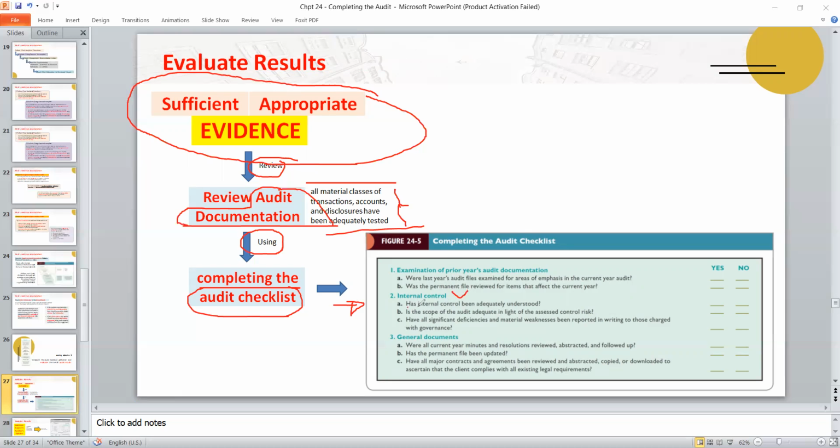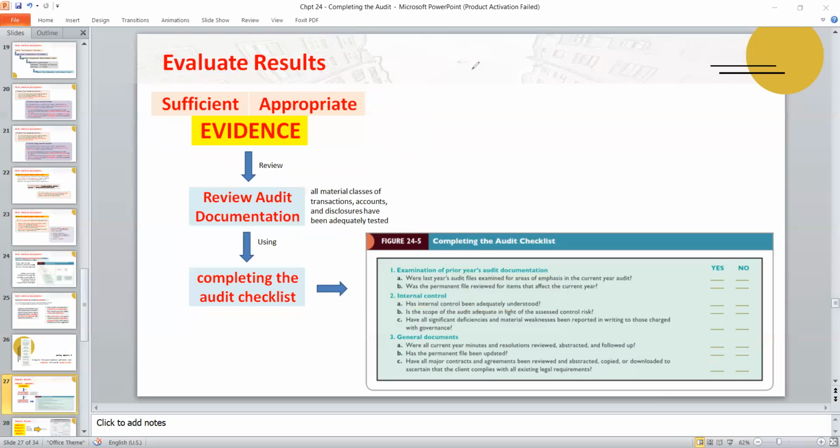Has internal control been evaluated and understood? And here you answer yes or no, something like that. And of course, this checklist will become the consideration for making the opinion. Okay, this is evaluating the results.